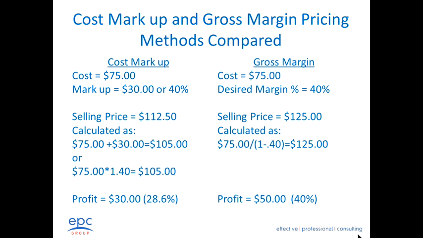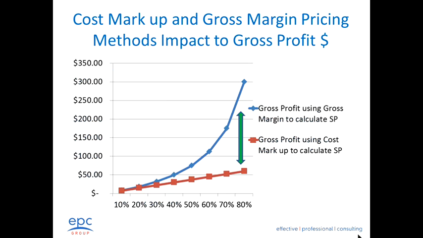That shows that our profit becomes $30. If we go to the example on the right, our desired margin is 40%. It's calculated as $75 divided by 1 minus 0.4, which comes to $125. The gross profit in this particular example is $50, versus the other one, which is showing $30. Let's go to the next slide.